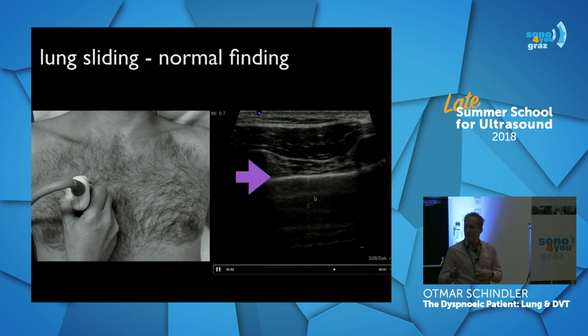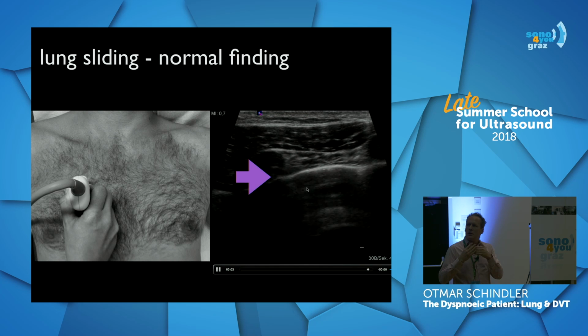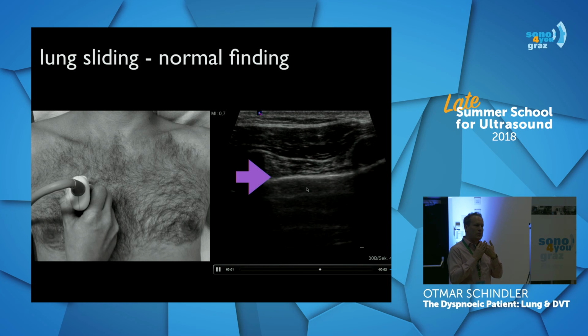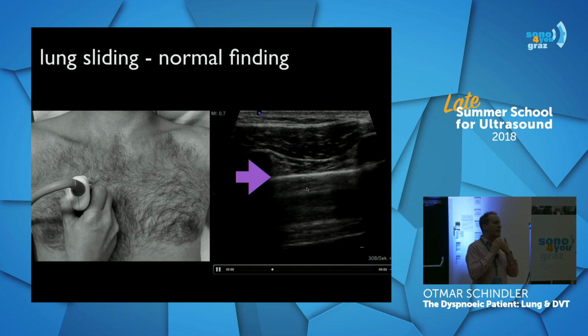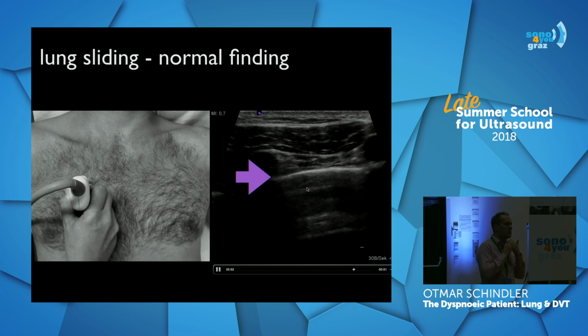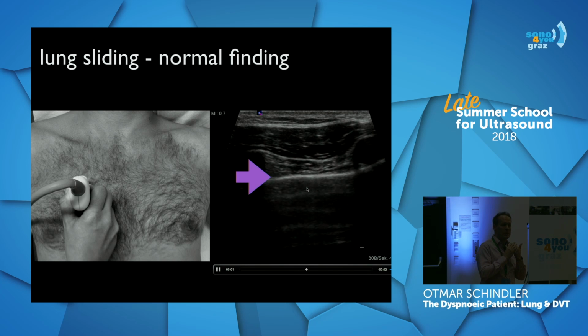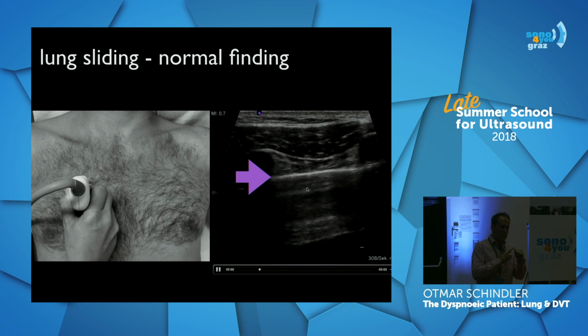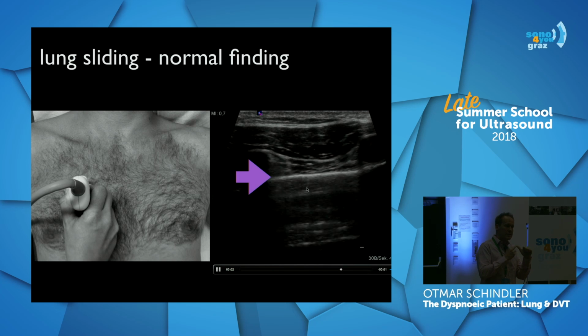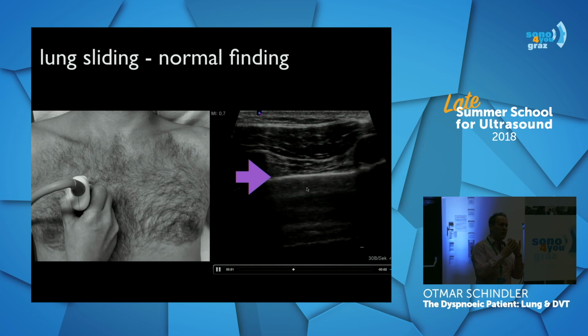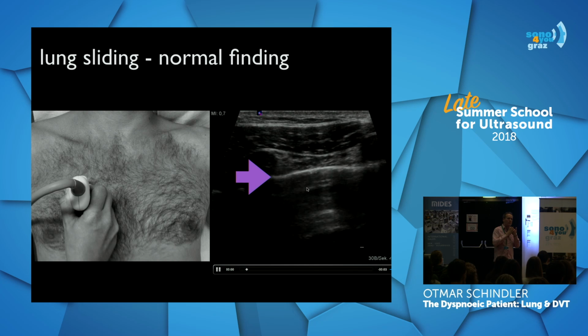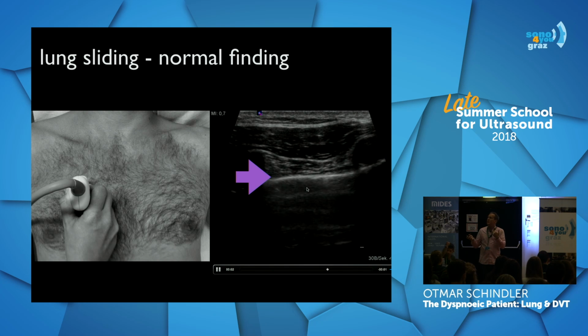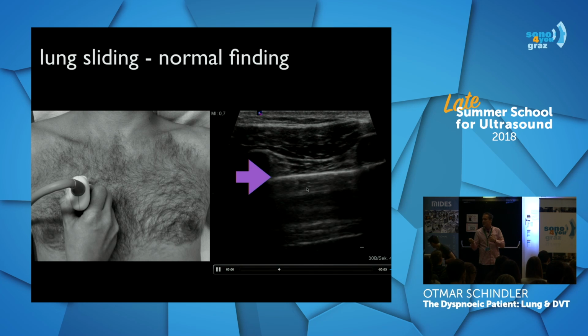Should see here the motion of the lung against the thoracic wall. If you see that and nothing more, that means healthy lung at that spot. So if you see this, there is a motion. The lung is in contact with the thoracic wall, and you don't see anything behind, so perhaps it might be healthy lung.